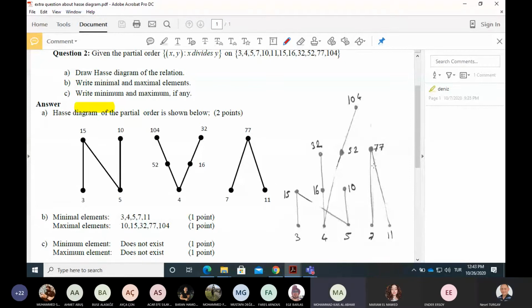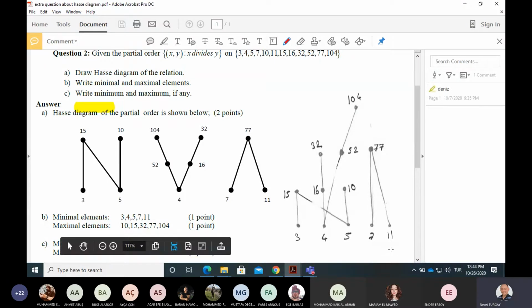No, I didn't get it. It's the same thing. If you write here, these guys cannot be upper than this one from 77, because this means this can divide these guys. For example, why didn't I write 11 here? Because these guys don't divide 11.